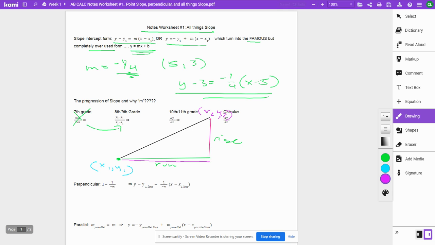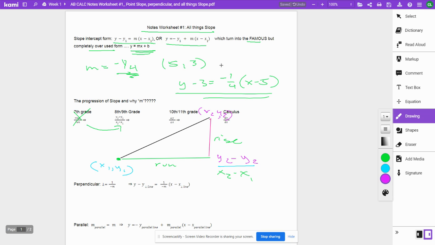Well, I put it into an equation. I take the run and I do the largest value, which is x2, minus the smaller value, x1, and then I take the y's and I subtract those, keeping my pairs together. So if I use x2 first, I have to use y2 first. And that is my idea of rise over run.